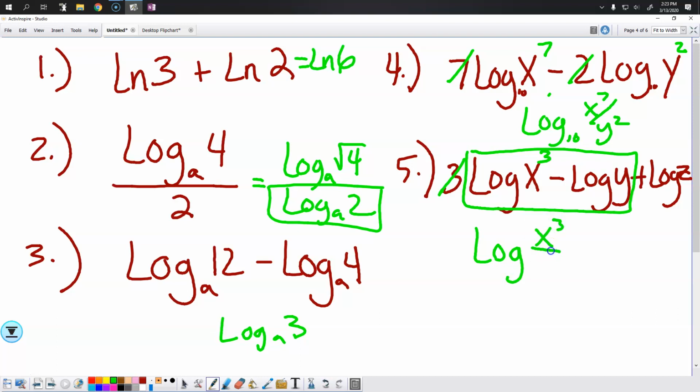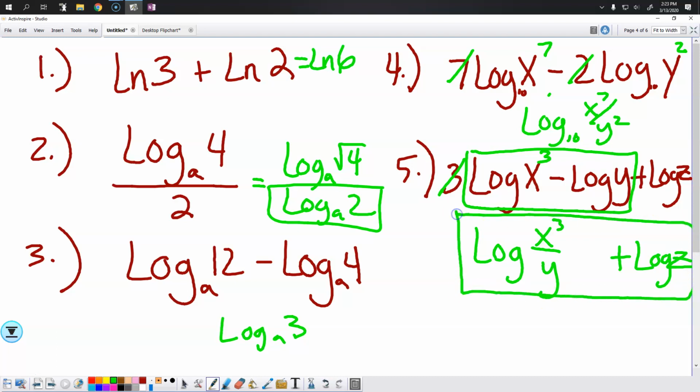X cubed goes on top and y goes on the bottom. But we still have that plus z over there, right? And now, according to rule 1, we would multiply this times z. Now, if you guys think of this as z over 1, this might help a little bit. If you multiply z over 1 times x cubed over y, where's the z going to go?